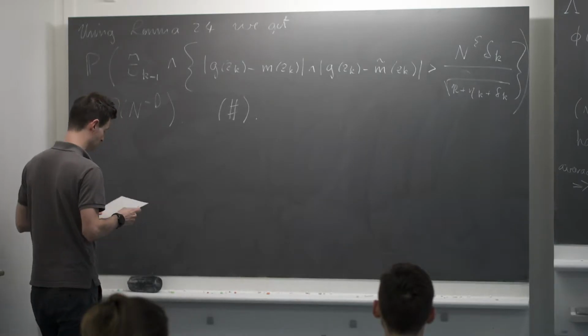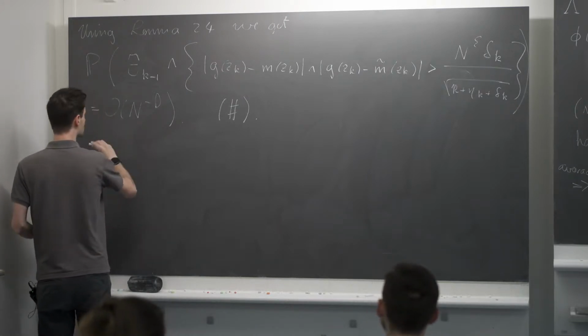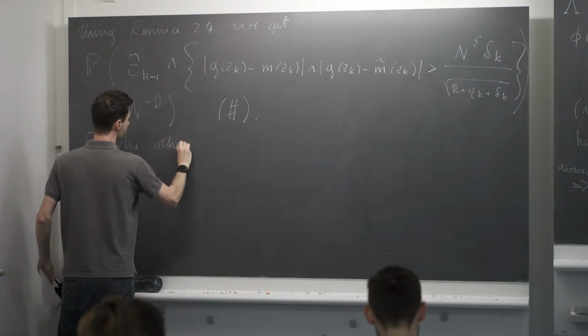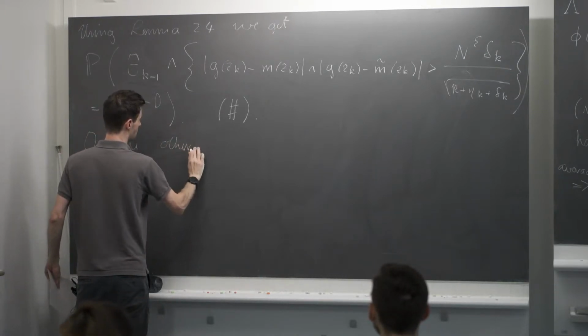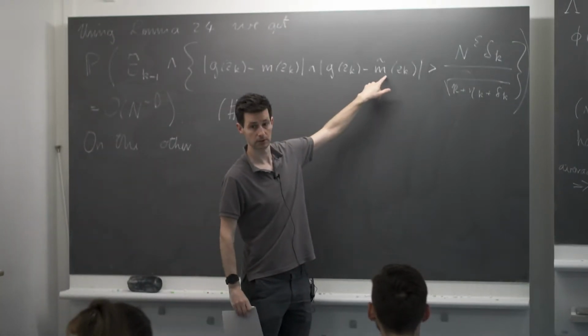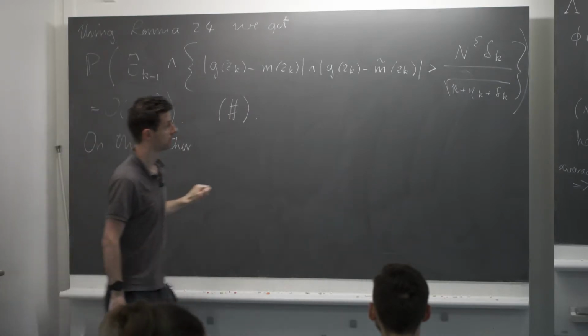Now I have to make sure that it's close to the right one. How do I make sure that I am close to M and not to M tilde? I use now the bootstrapping assumption.